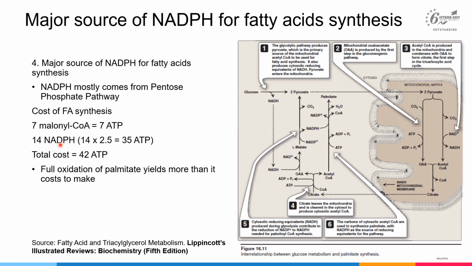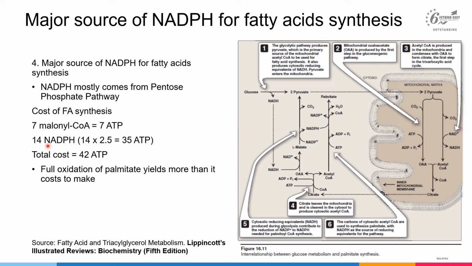Then we need NADPH. If you look at the earlier slides, you can see that NADPH is indicated in two reactions. You don't have to remember in which reactions, but you will need NADPH in two reactions. So if we are joining 7 malonyl-CoA, this reaction will take place 7 times, and in each round we need 2 NADPH.